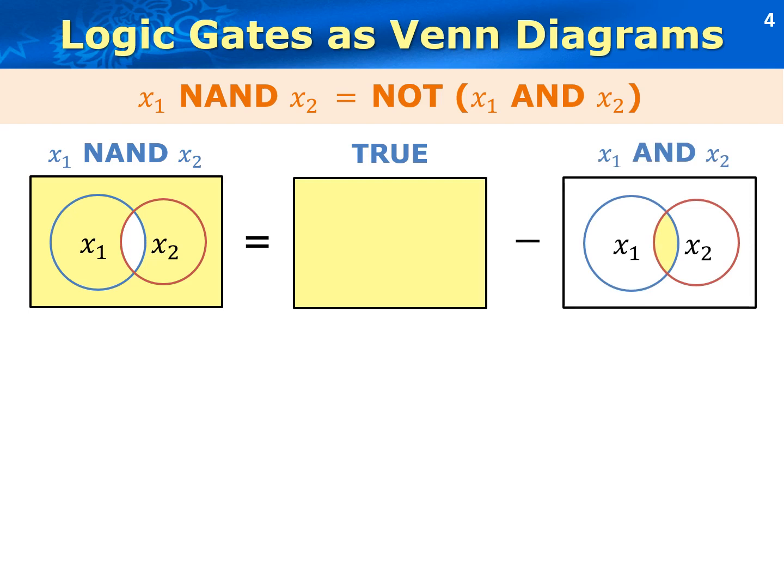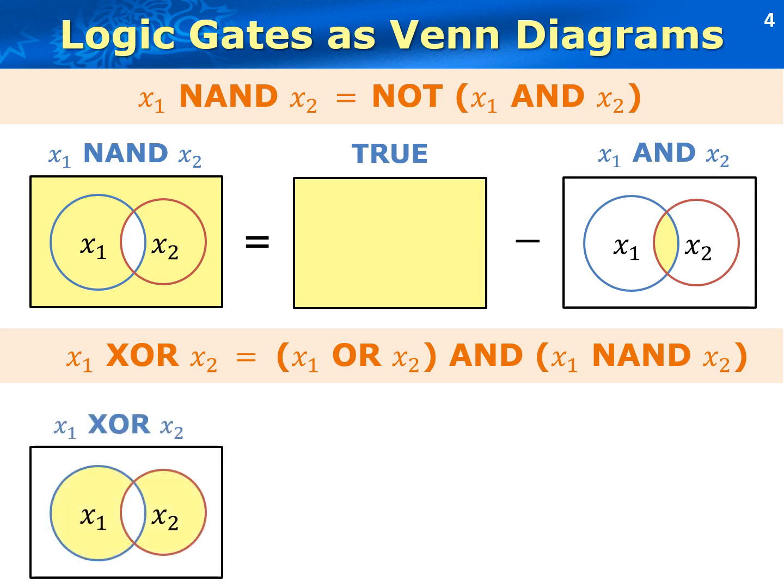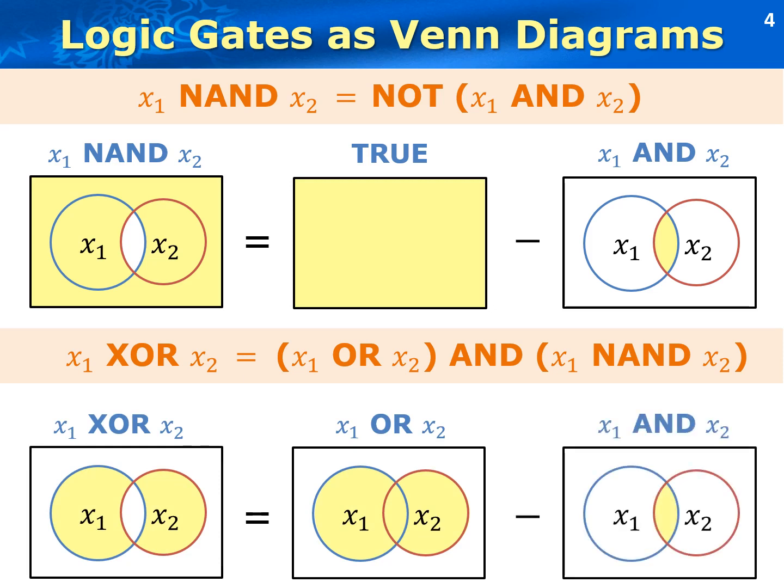The second expression is about XOR, which can be expressed in terms of OR, AND, and NAND gate as follows. To validate this expression, we can see from its Venn diagram that XOR equals the union of x1 and x2 minus their intersection.